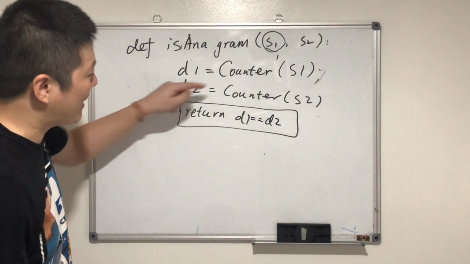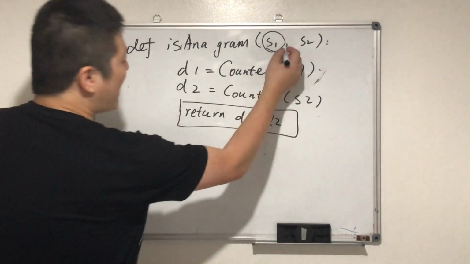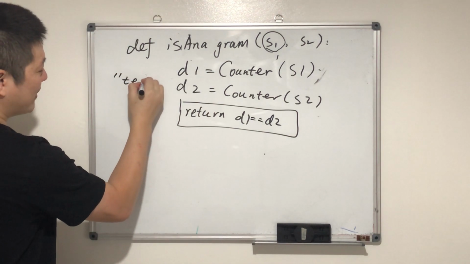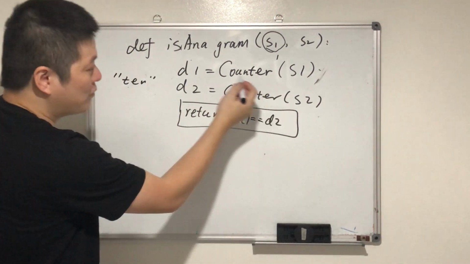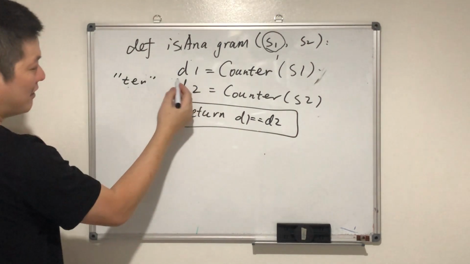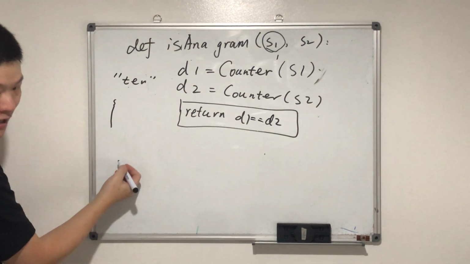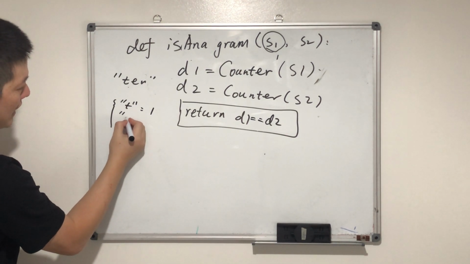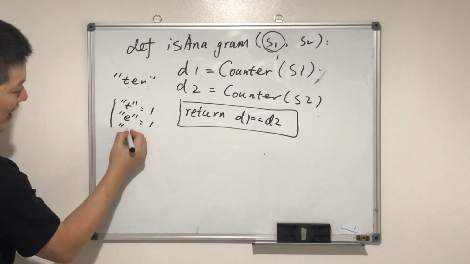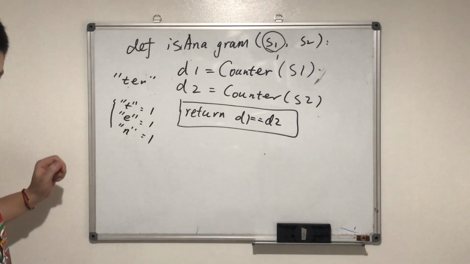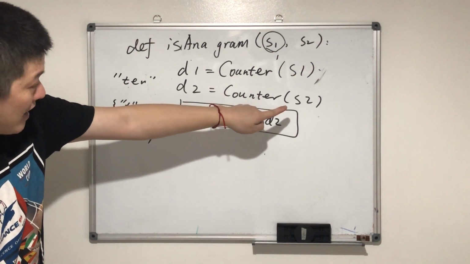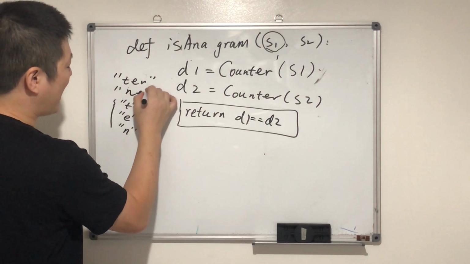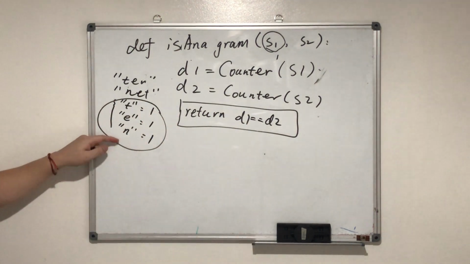Okay, so you see two mappings. So this Counter S1, if S1 is, let's call it "ten", for example. After this, what is D1? D1 is a dictionary, which is T equals 1, E equals 1, N equals 1, yes? And D2, if this is "net", will also be this.